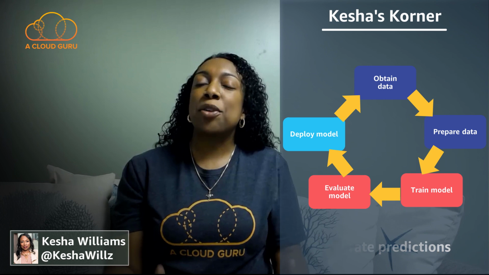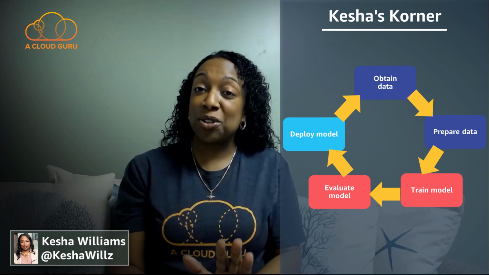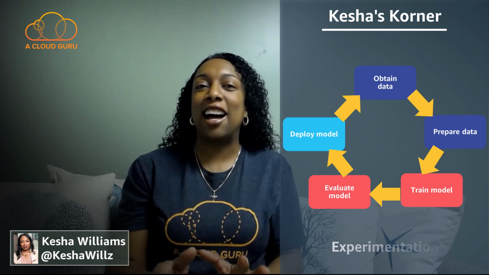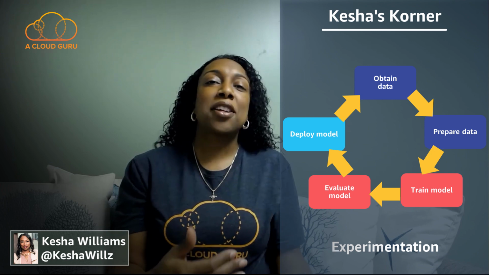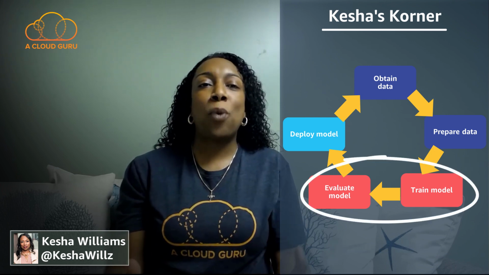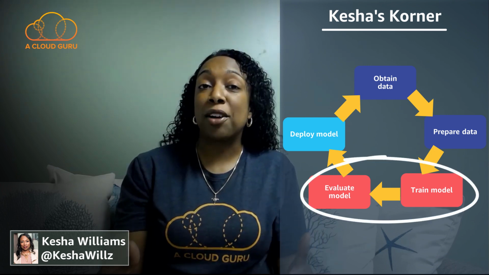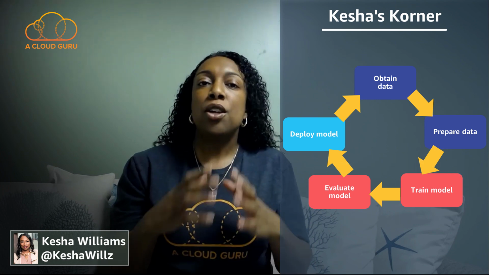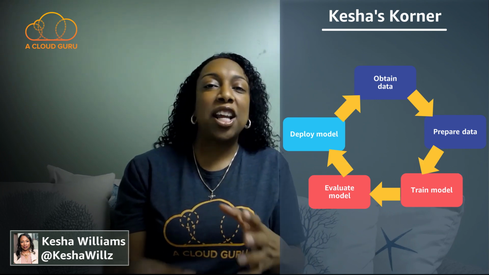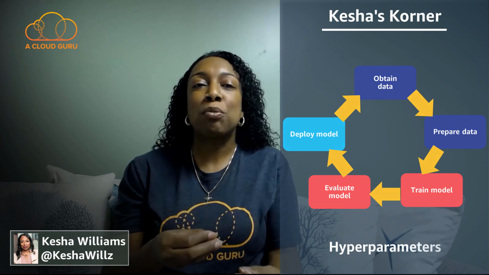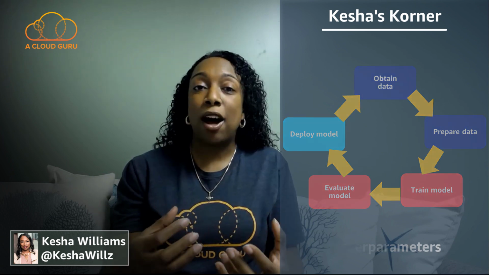The process to produce this model, unlike traditional software development, comes with a lot of experimentation. For example, during training and evaluation, you're producing multiple models and testing them. During this experimentation, you're changing settings and configuration parameters and testing the model with different data sets until you finally settle on the best performing model out of the bunch.